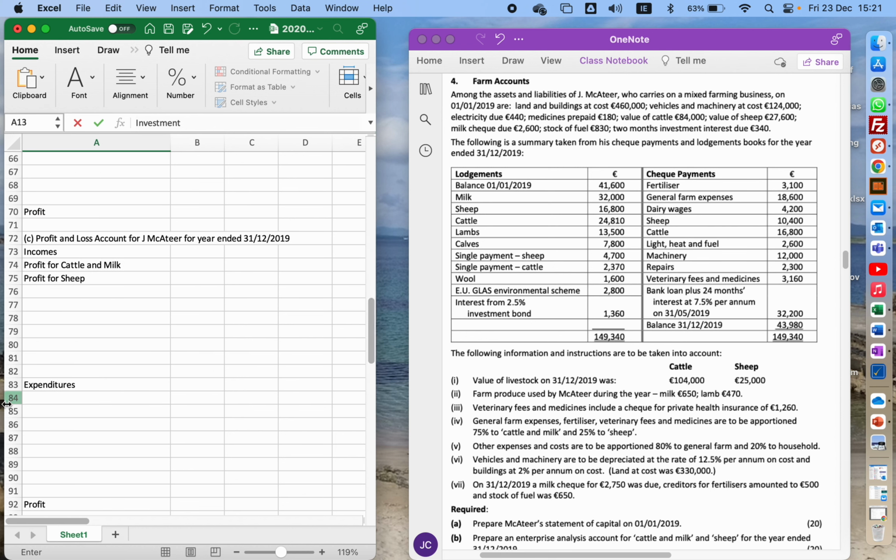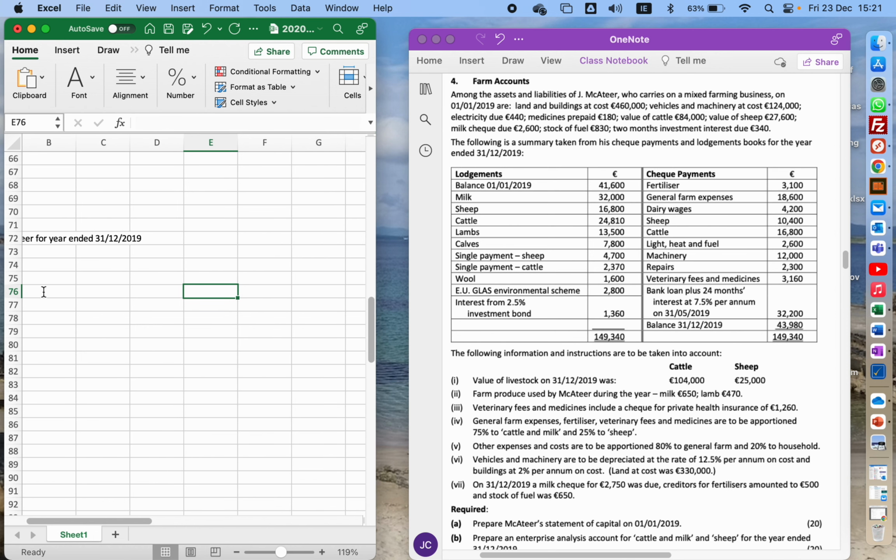So if I go to my profit and loss account, I know that there's going to be an investment income for this year. Okay. Now, this is notes, okay, so I'll have beside it, so investment income. So the investment income for 2 months is 340.